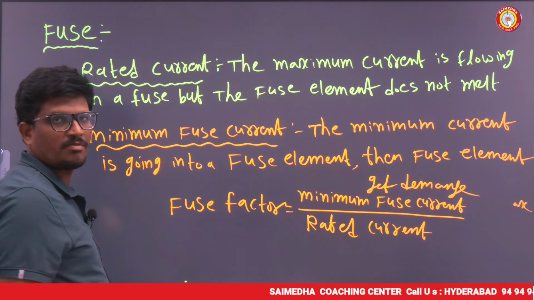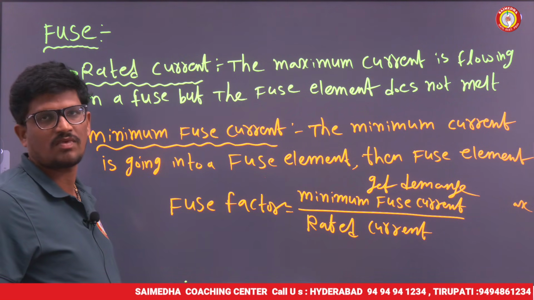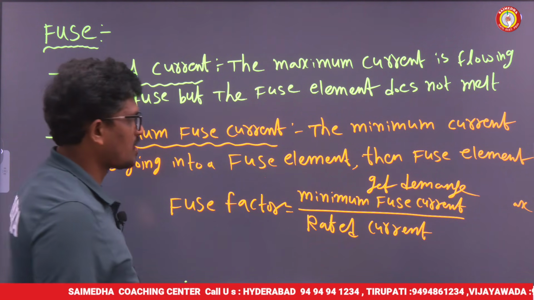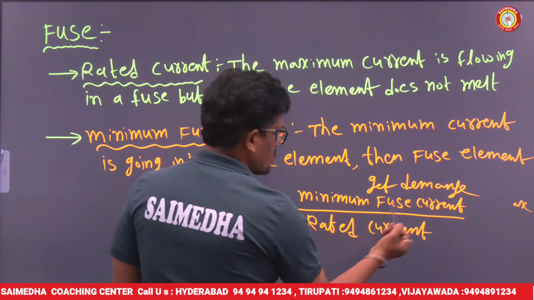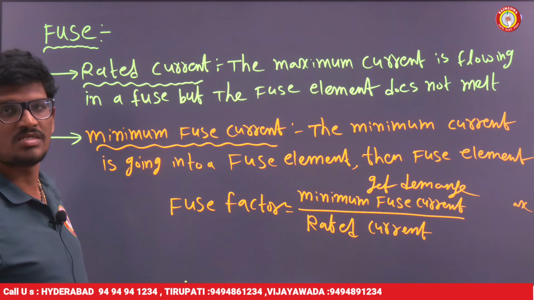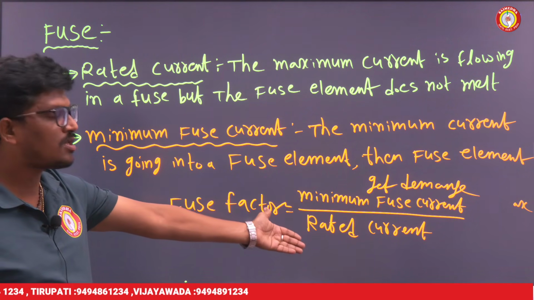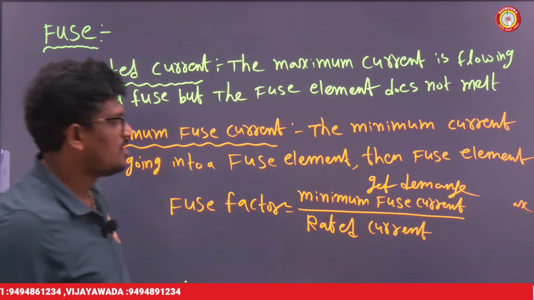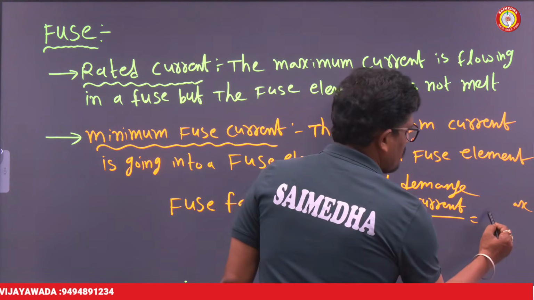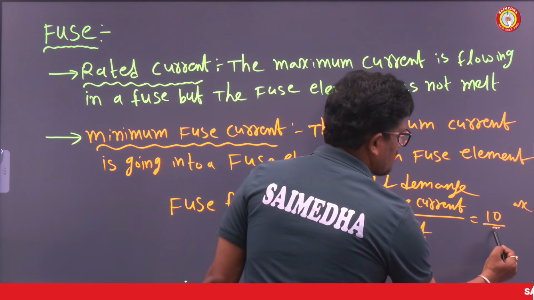Suppose in your examination, like ECET examination, the question is whether the fuse factor is less than 1 or greater than 1. Come on, look at the board. This is the minimum fuse current. This is the rated current. Generally, which current is more? No doubt, fuse current is more when compared to the normal rated current. Avuna kada? For suppose, just assumption, the fuse current is 10 ampere, just a small example, and rated current is 5 ampere.